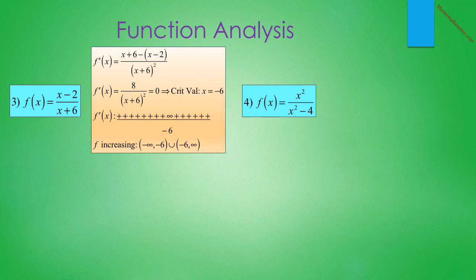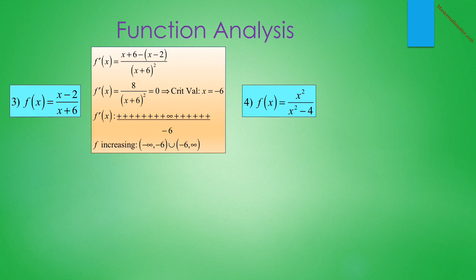In our sign chart, our only critical value is x equals -6, and above it we write an infinity sign to indicate that the derivative does not exist there. However, on intervals to the left of -6 and to the right of -6, the first derivative is positive.